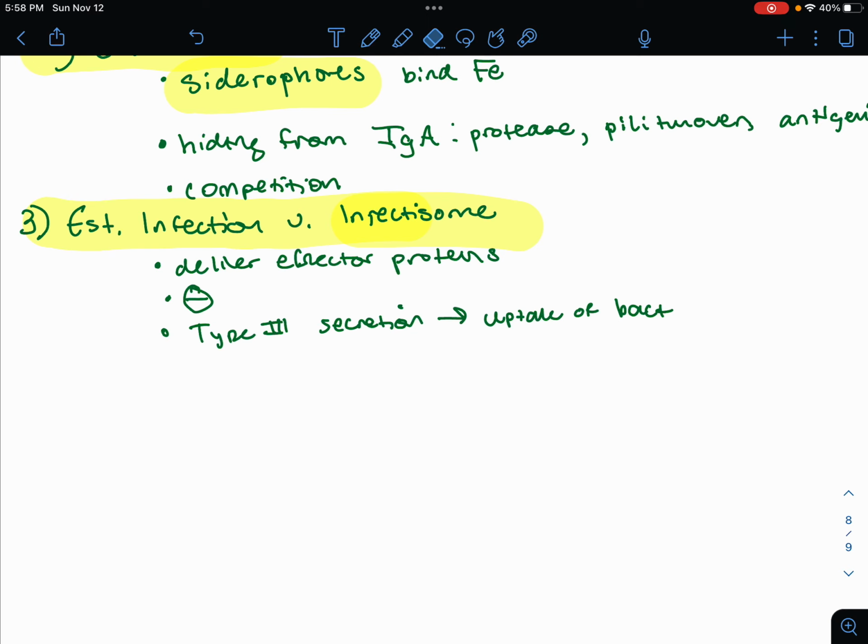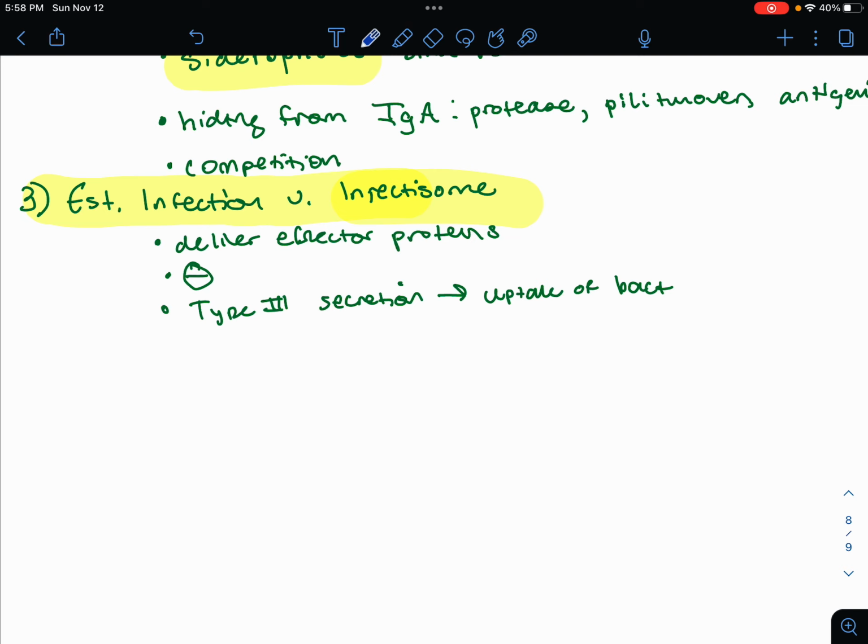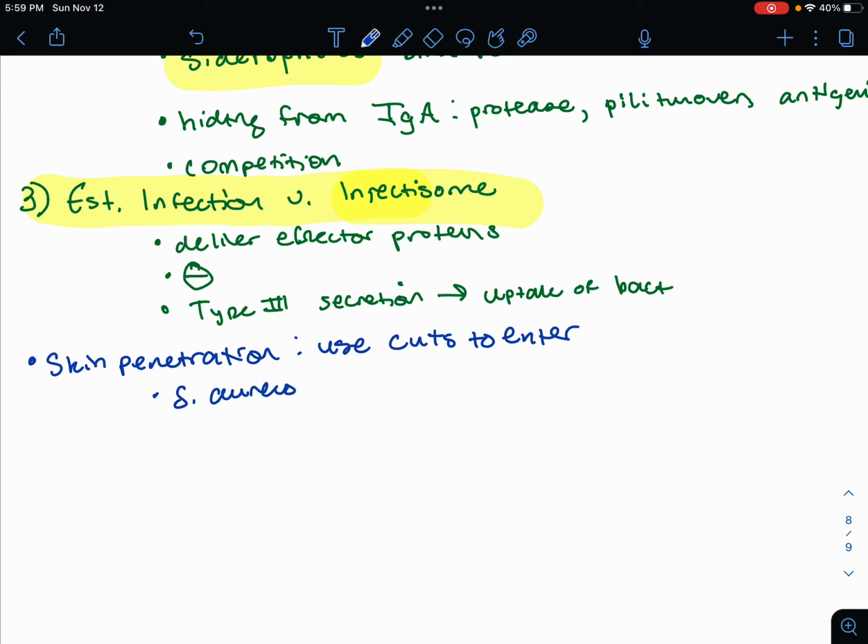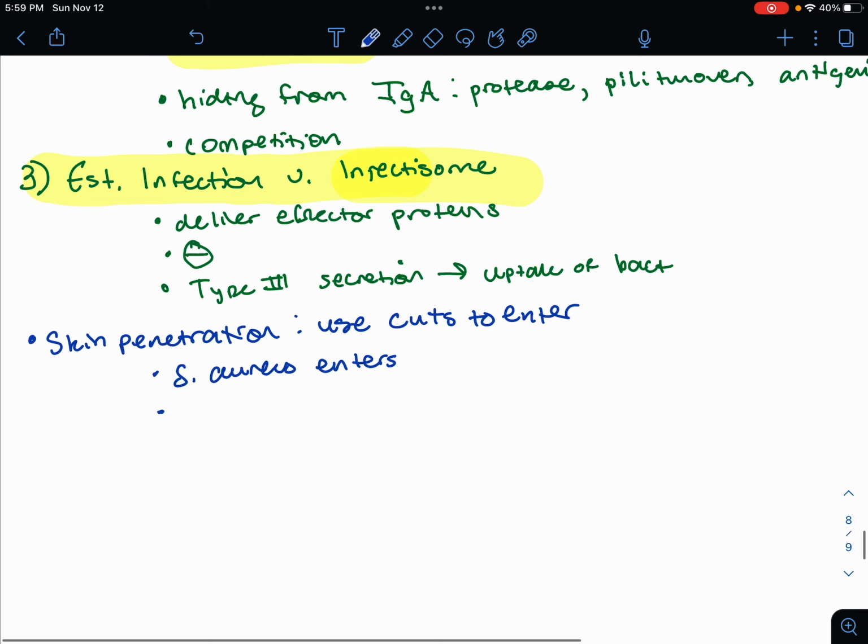Right, now let's talk about invasion. They're going to be breaching the barriers, these pesky pathogens. So, skin penetration. It's a difficult barrier to penetrate, first off, so the bacteria will use cuts and injuries. For example, Staphylococcus aureus can enter wounds and cause infections that way.